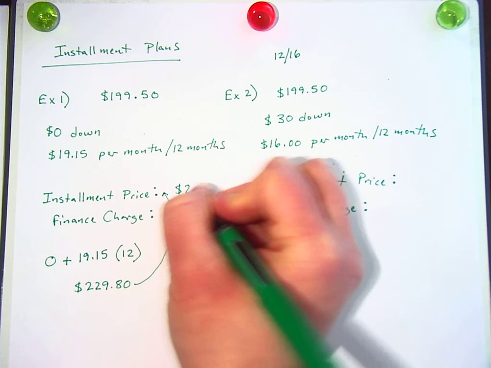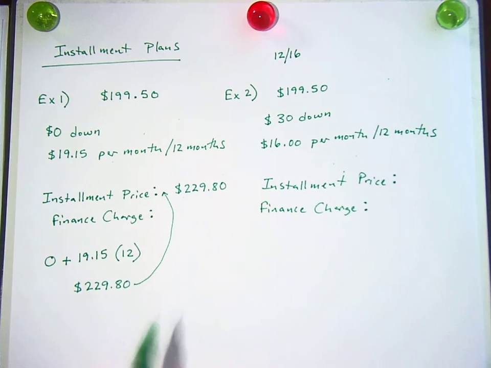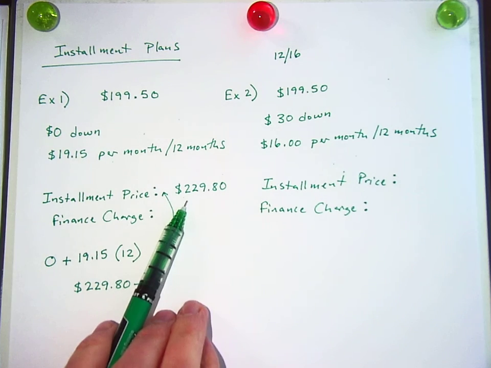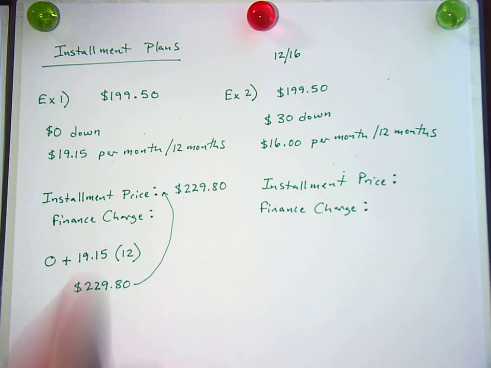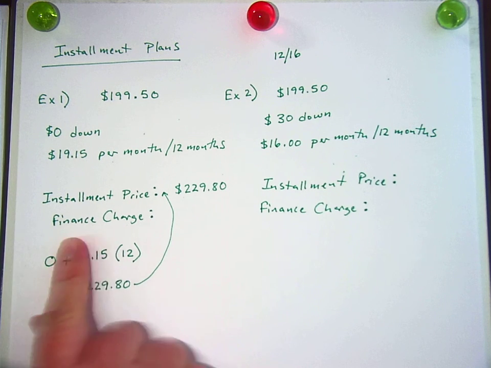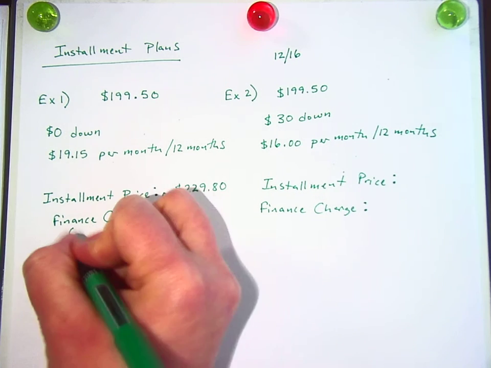So that's $229.80. So you can see that you are paying more than if you had just paid for it outright, which makes sense because they're charging you interest. Now the finance charge is that interest that they're charging you. So this is interest.